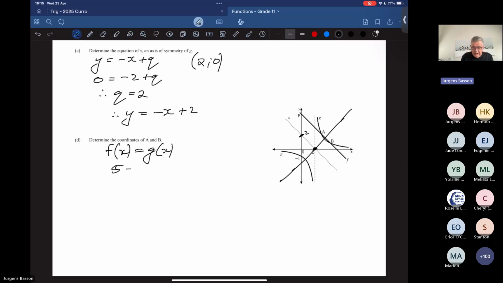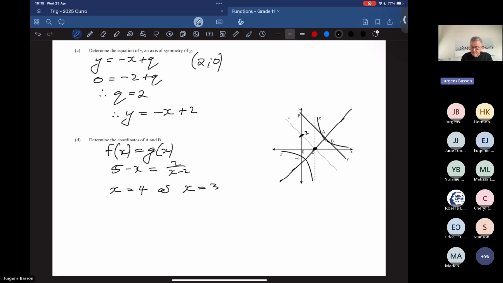We can equate these two functions, 2 over x minus 2 equals minus x plus 2, and now we multiply with the LCD, put it in standard form, factorize, and your x values work out to x equal to 4, or x equal to negative 3, no, positive 3.